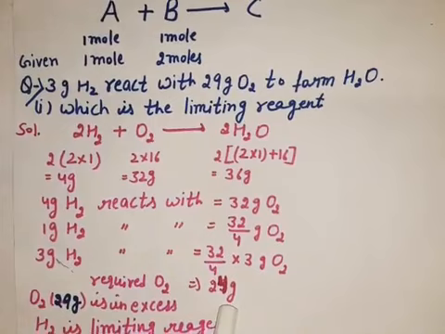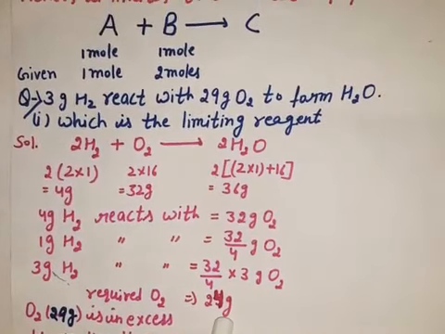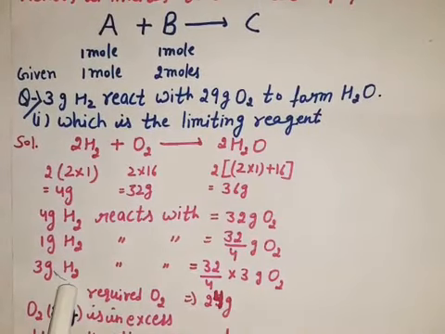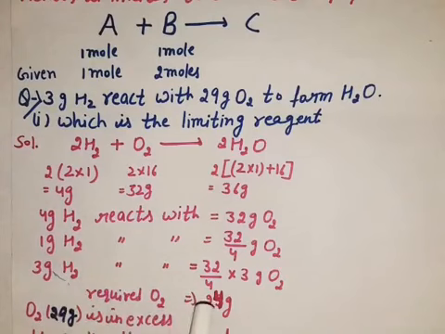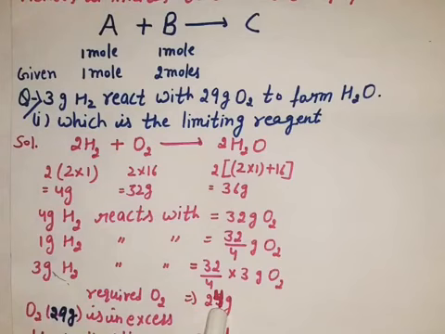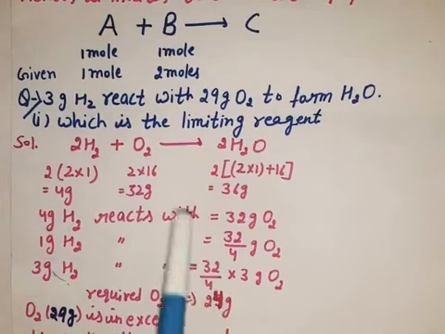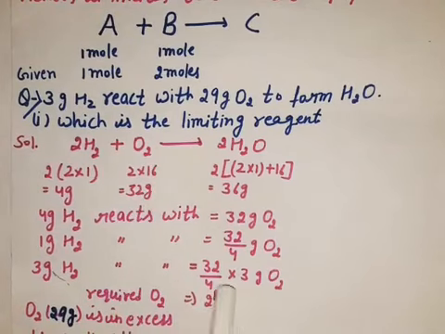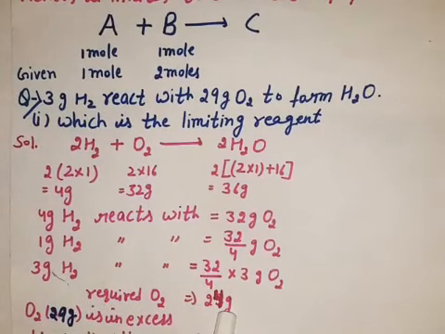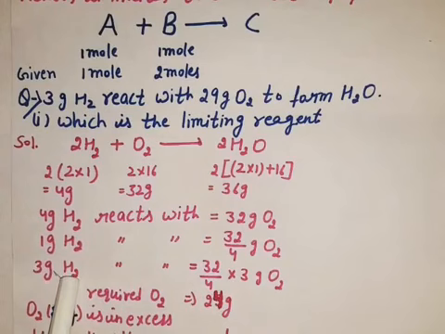This is the required amount of oxygen. That means 3 gram of hydrogen completely reacts with 24 gram of oxygen, and we came to know about this from the chemical equation. So 24 gram of oxygen is required to completely react with 3 gram of hydrogen.